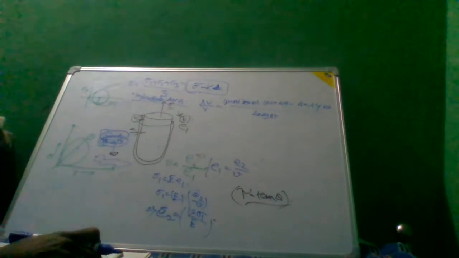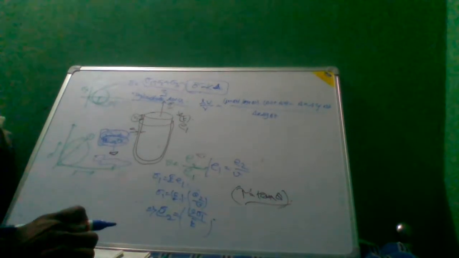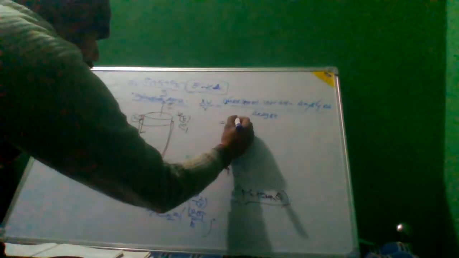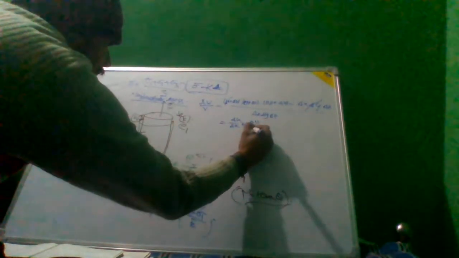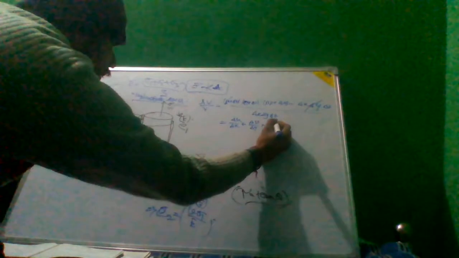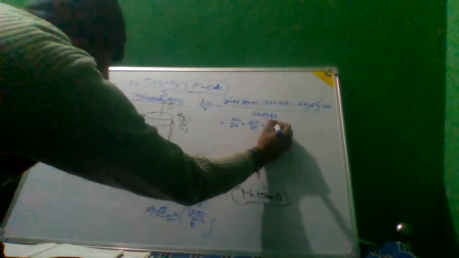Now if we adjust that, del x, del y, del z will be cancelled by del x, del y, del z, and the equation will come in the form of del u by del x plus del v by del y plus del w by del z.